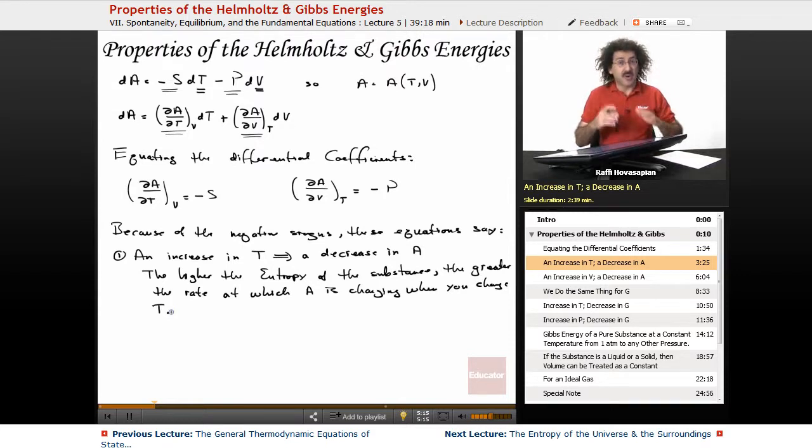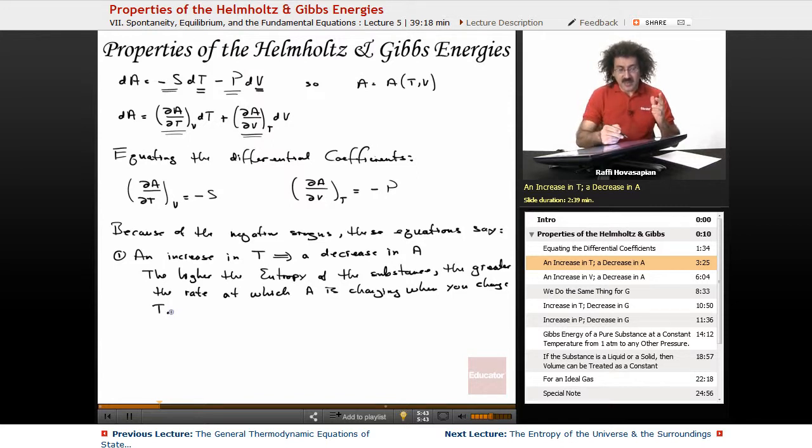So let's say I'm at a particular temperature, and let's say that my system has an entropy of 50 units. If I raise the temperature by a certain number of degrees, the Helmholtz energy of that system is going to decrease at a rate of, let's just say, 50 joules per degree Kelvin.